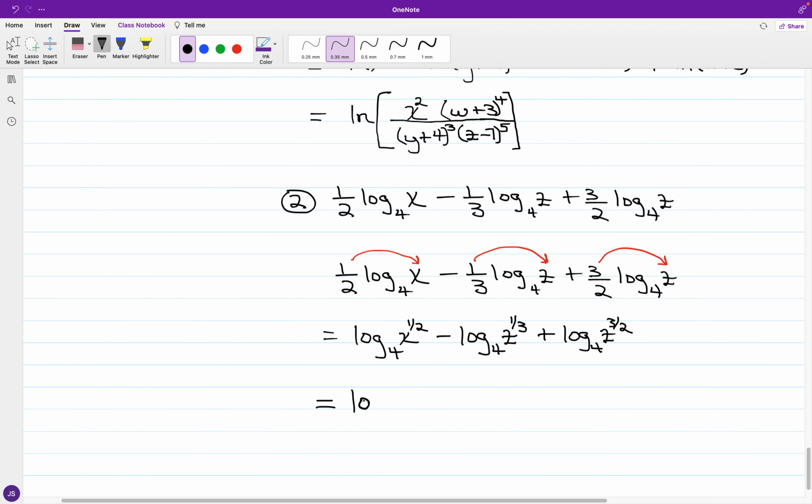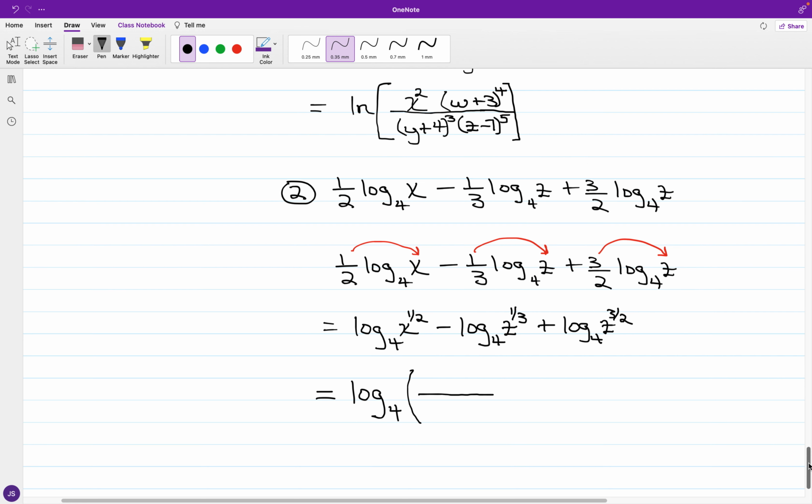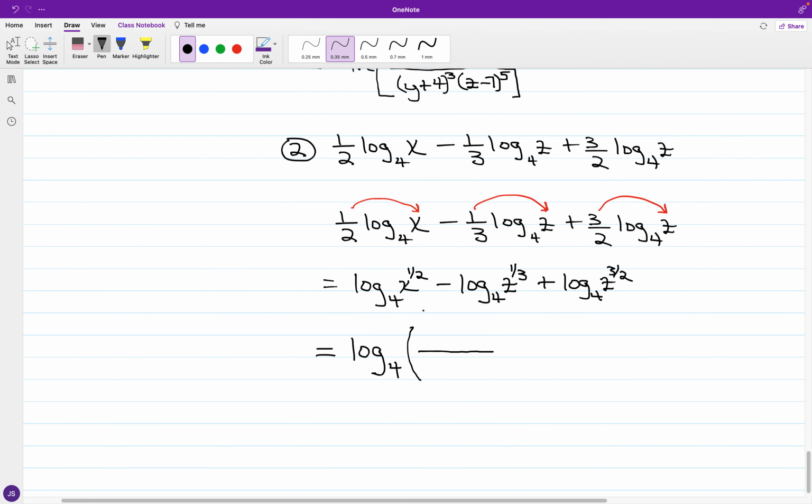The result can be expressed in different ways. So we have the base 4 logarithm, and again we have 2 positive and 1 negative base 4 logarithm. First, with the base 4 logarithm of x to the 1/2, this is a positive term, so x to the 1/2 goes in the numerator.